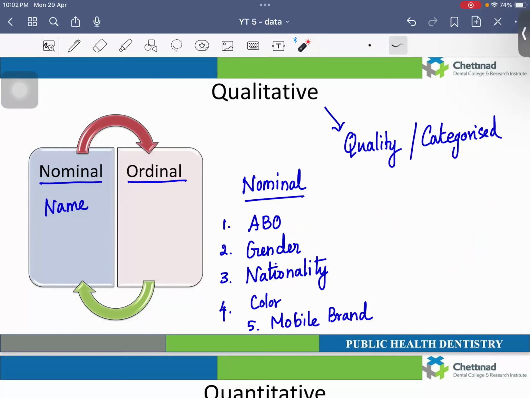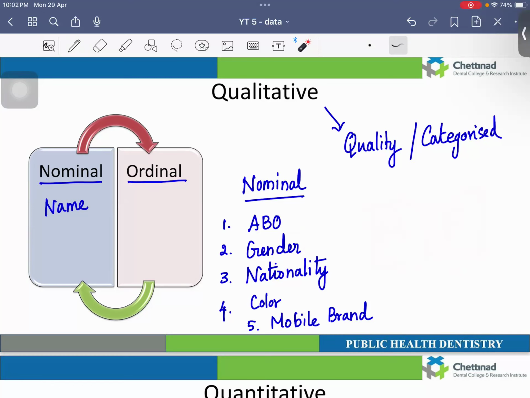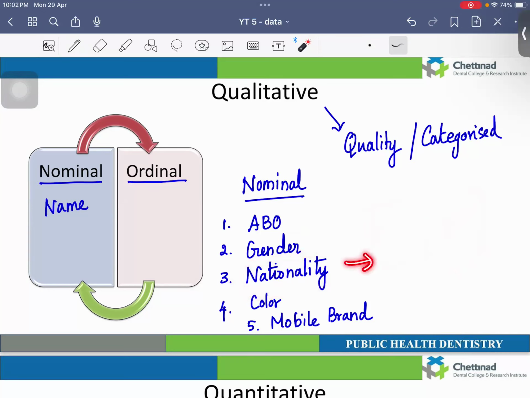They are all the same. For gender, male and female, there is no inherent superiority or inferiority between them. For nationality also, there is no inherent superiority or inferiority. They are just names. All the data points in each are mutually exclusive to each other. That is what is called nominal data.